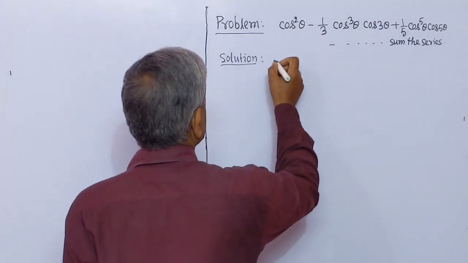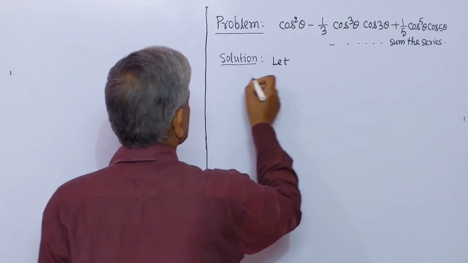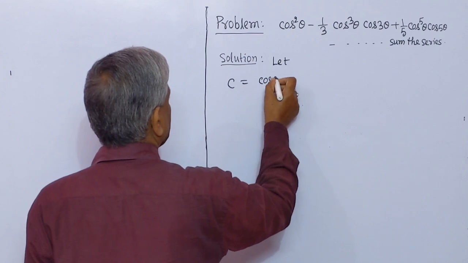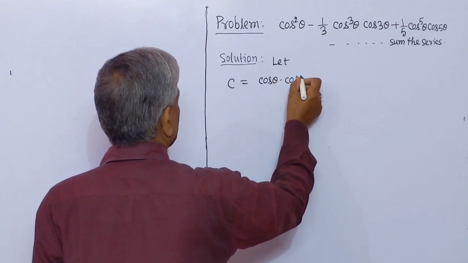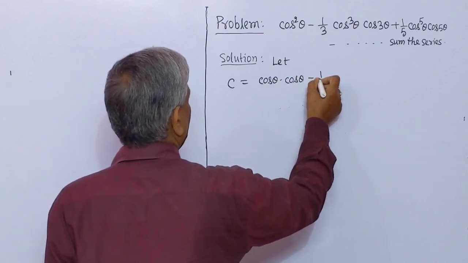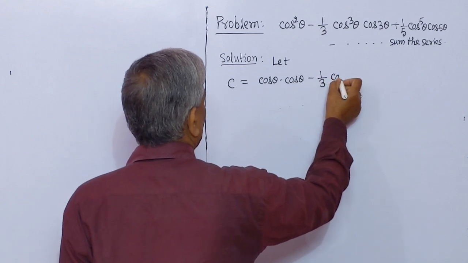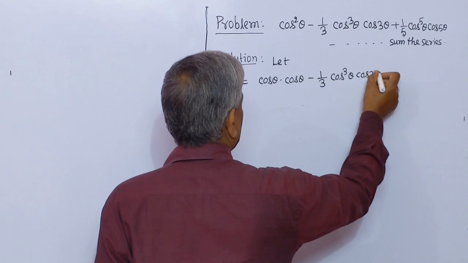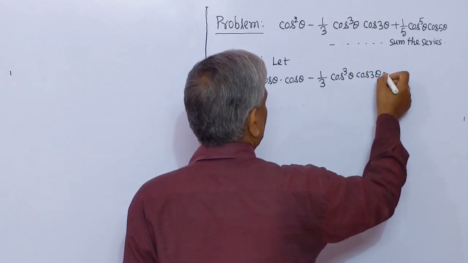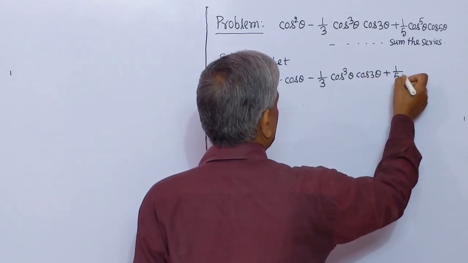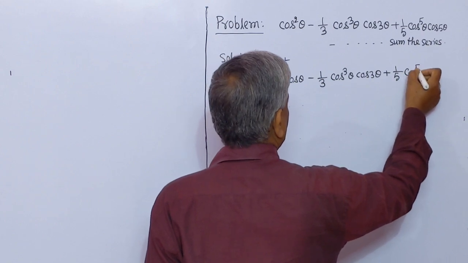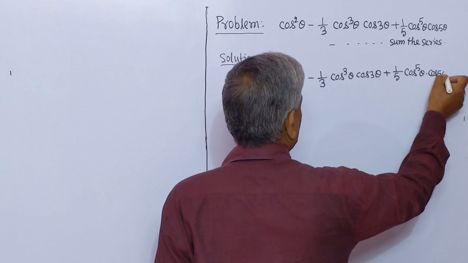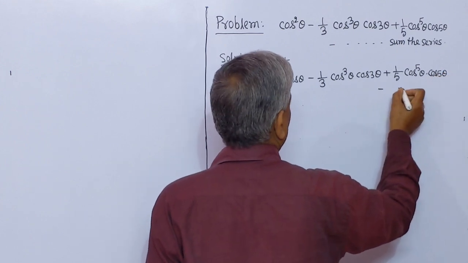Let C equal to cos theta multiplied by cos theta minus 1 by 3 cos cube theta cos 3 theta plus 1 by 5 cos to the power 5 theta multiplied by cos 5 theta minus dot dot dot.